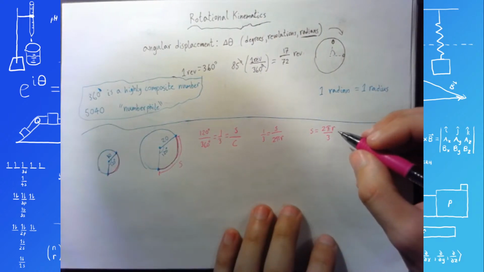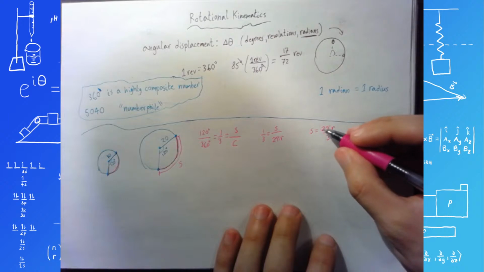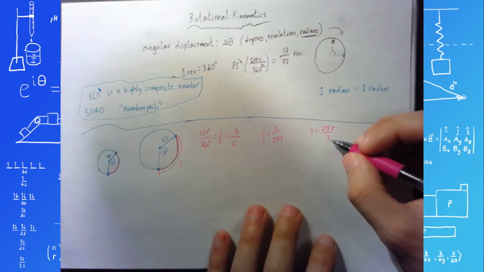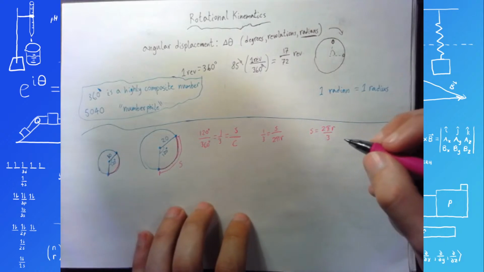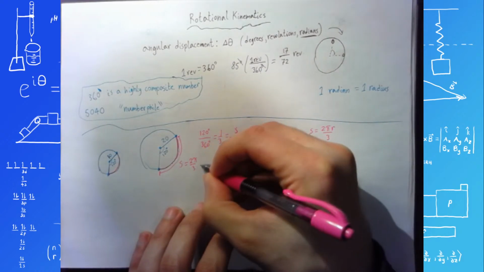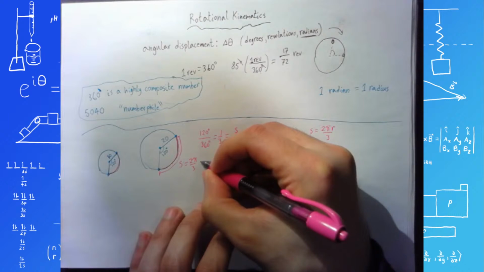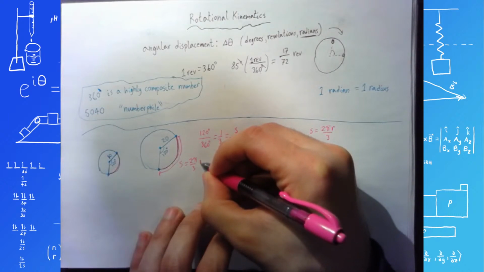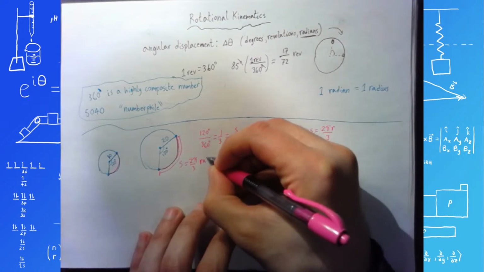So regardless of what the radius is, the fact that it's 2 pi over 3 multiples of the radius is what matters. So this is 2 pi over 3 times the radius, or what we call 2 pi over 3 radians.